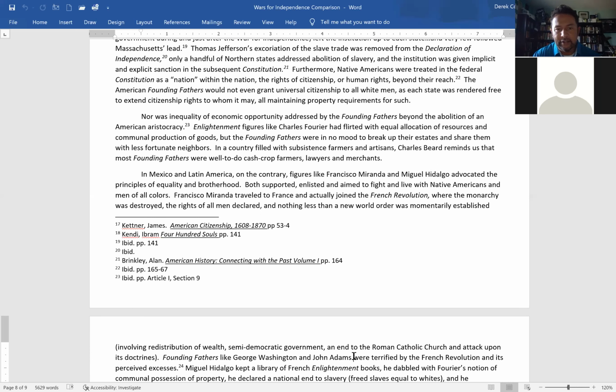Simón Bolívar at certain given times, like a couple other figures, joined the French Revolution, met Napoleon, had an enlightened code that he wanted to implement, and he ended up changing his view, as seen in his famous Jamaica Letter, where after he had failed his second time in winning independence for South America, he contended that the South American people are not ready for enlightened government and for democracy.